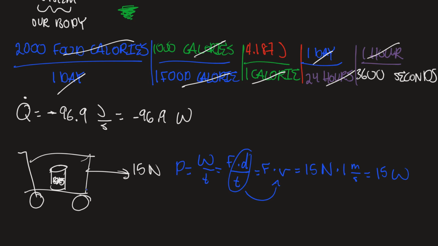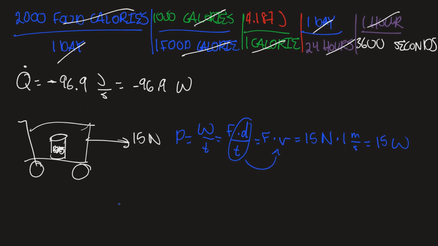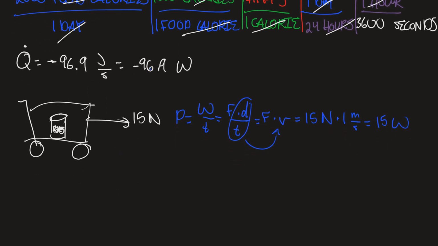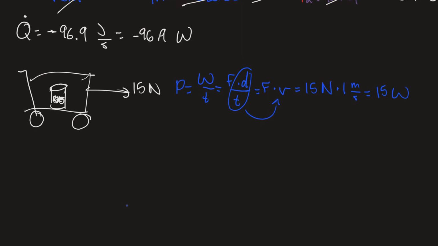So we're using 15 watts of energy to push the cart, and we're using 96.9 watts just because our body dissipates heat. So we know that the change in energy of a system or of a body over time is equal to that negative 96.9 watts, and we'll subtract the 15 watts of the power that we're pushing the cart from.